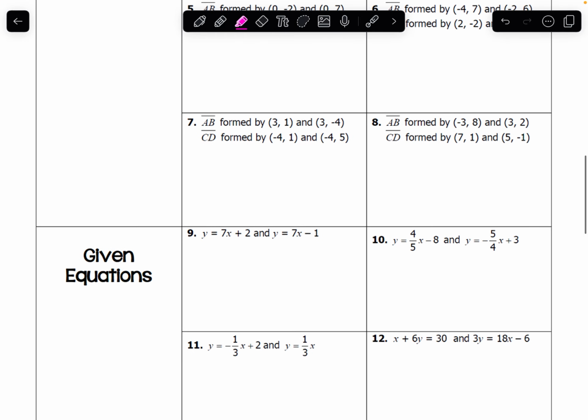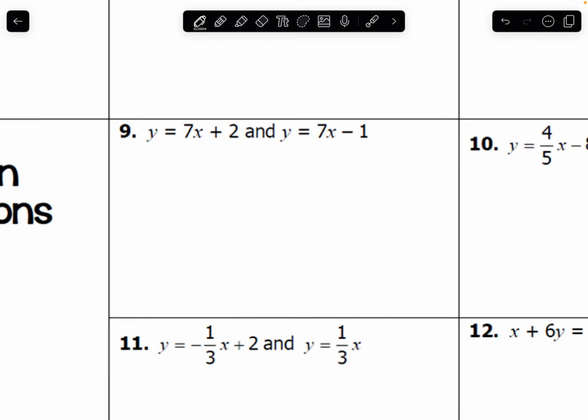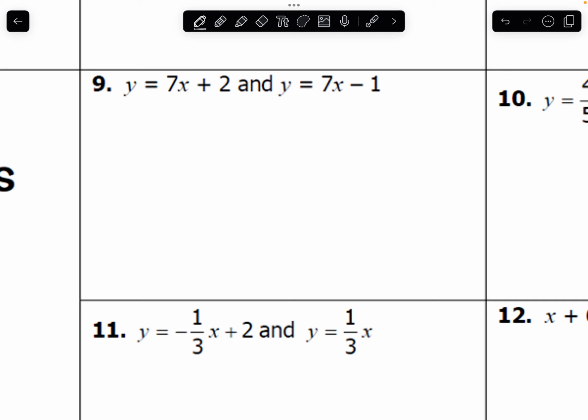The next thing we're going to do, you guys, is we're going to look at 9. Right? 9 is a little bit different. We're still looking at equations, and we're looking at lines, but we really have to determine, are they parallel lines, are they perpendicular lines? I would always get them in the form y equals mx plus b.